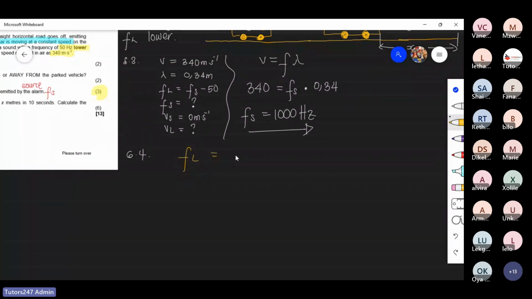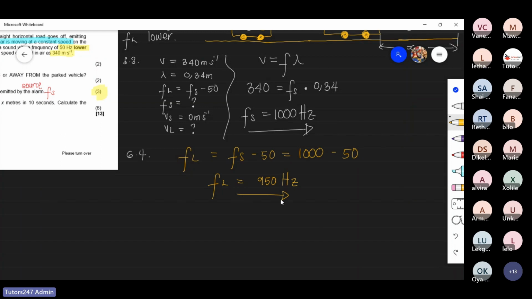So let us calculate that. We calculated the frequency of the source to be 1000 minus 50, which is therefore equal to 950. So our frequency of our listener is 950 hertz.